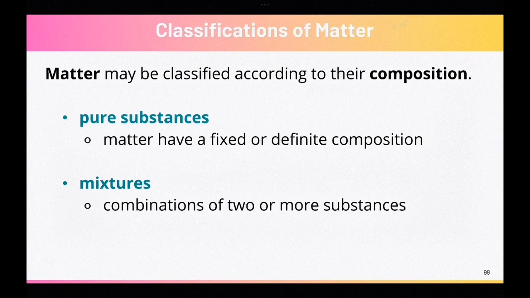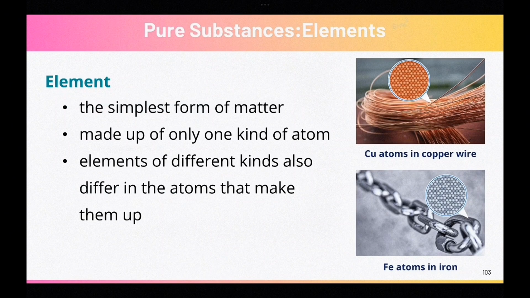Now, under matter, we have different compositions: pure substances and mixtures. In pure substances, matter has a fixed or definite composition, while a mixture is a combination of two or more substances. Among the pure substances, we have the elements.